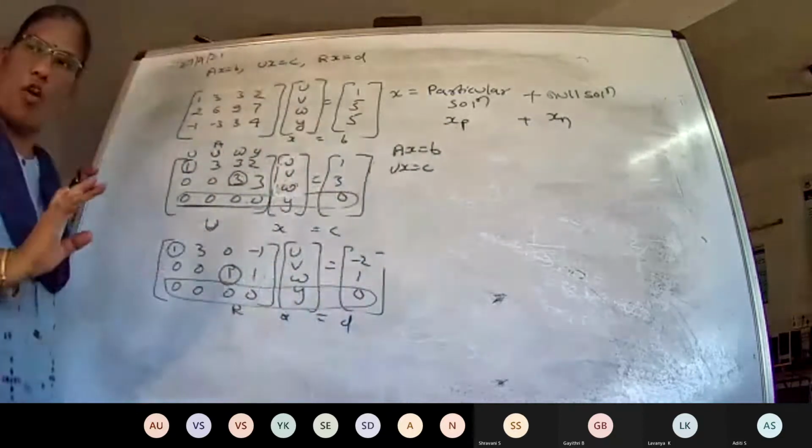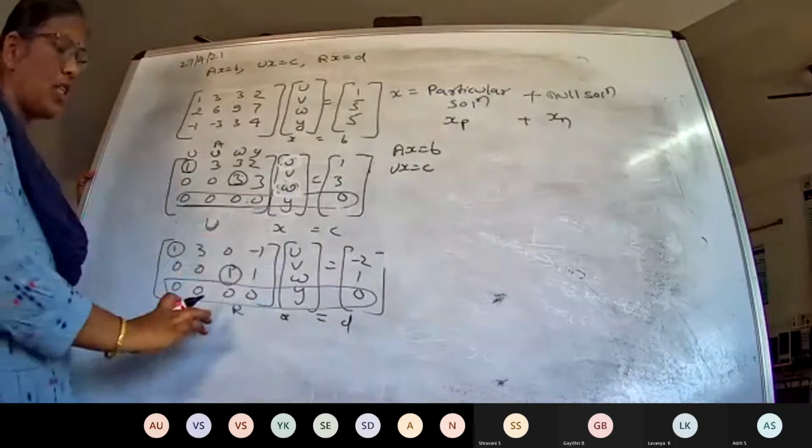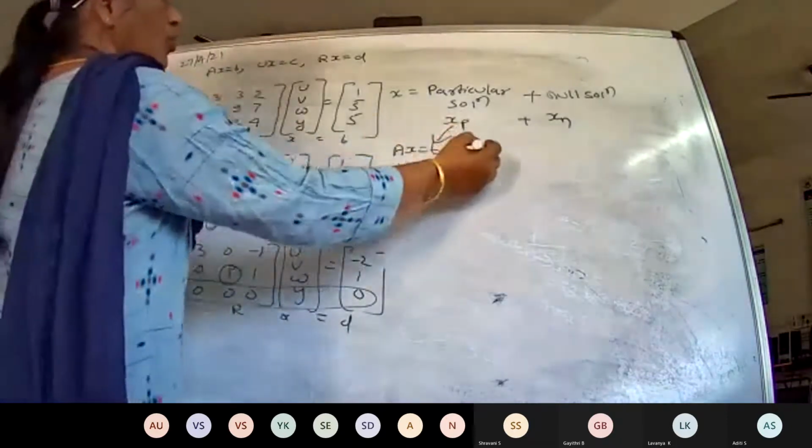Solving Ax equals b always means solving Ux equals c or Rx equals d. That will be your particular solution.